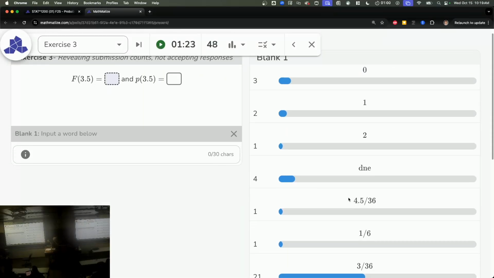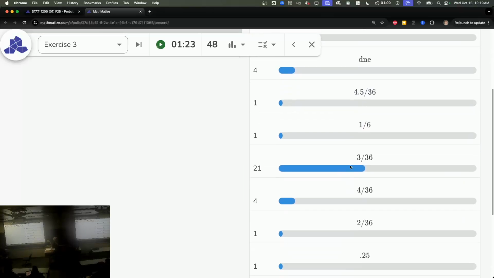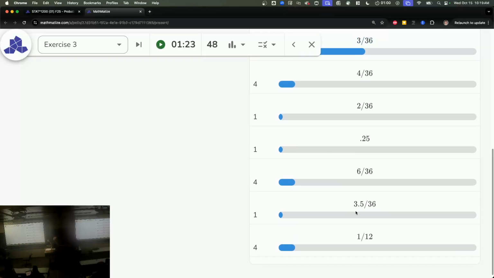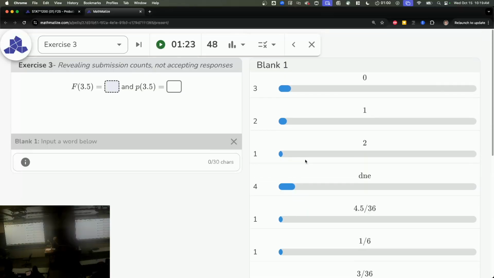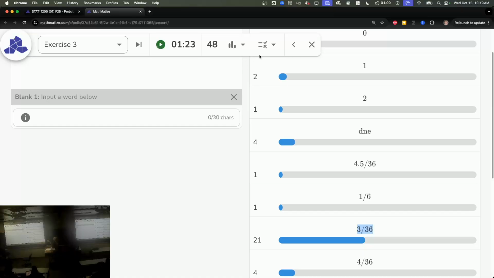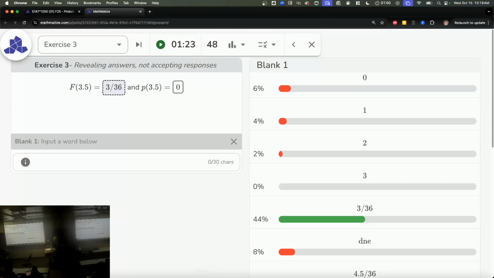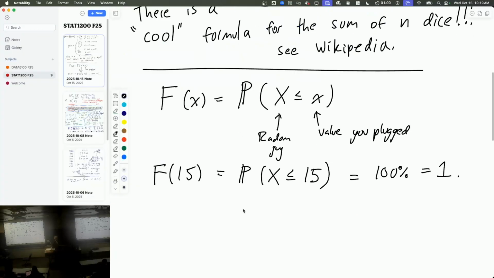F of 3.5, some people said 4.5. Lots of people, right around half the people said 3 out of 36. Some people said 3.5. Some people said 6. The correct answer is the plurality, 3 out of 36. And once again, you can unpackage it into the definition. So f of 3.5 is the probability that x is less than or equal to 3.5.